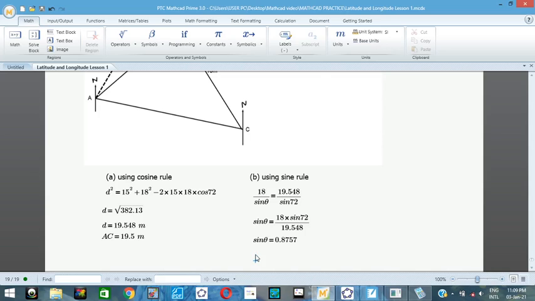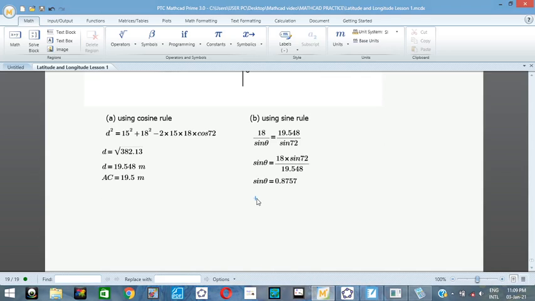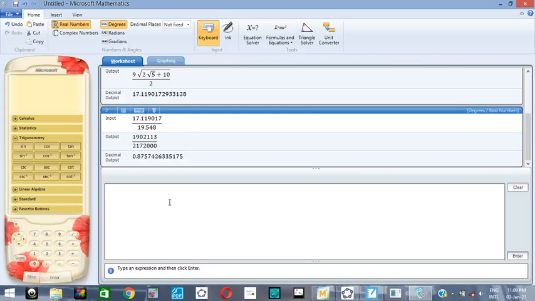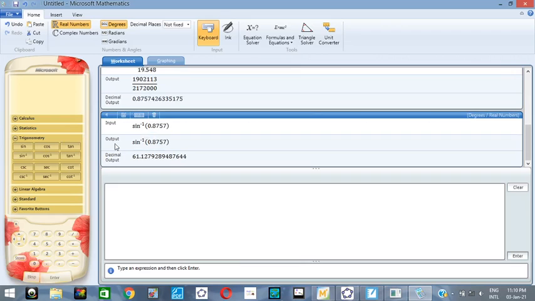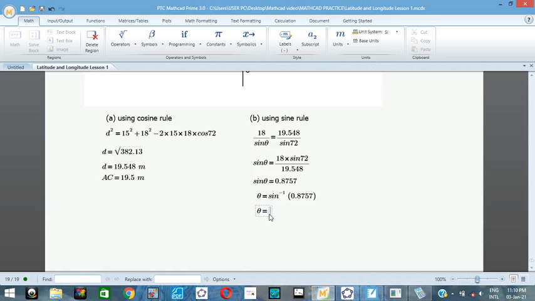So theta is going to be equal to the sine inverse of 0.8757, and that is 61.12, let's take it to 3 decimal places, 61.128 degrees. So that is the angle.